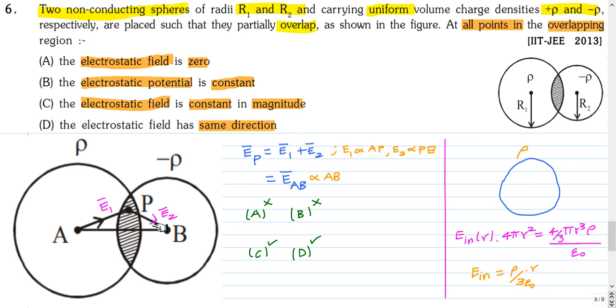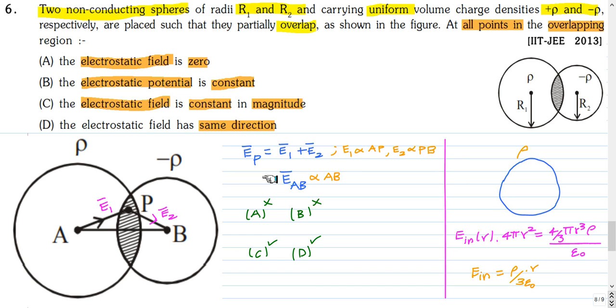E1 plus E2 will be the net field E at P. E1 is proportional to the distance AP, E2 is proportional to the distance PB, and the net field is proportional to the distance AB. So AP, PB and AB form a triangle, so E1, E2 and the net field will also form a triangle, a scaled version of the triangle APB.